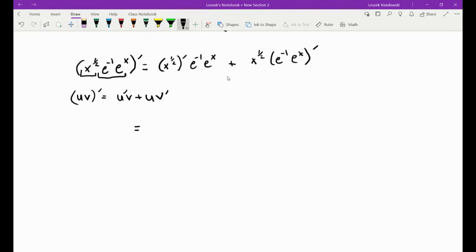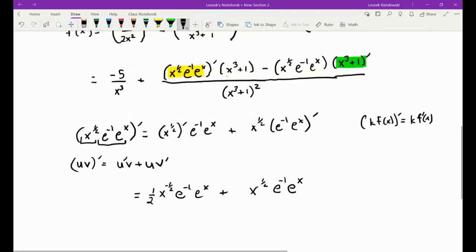So the derivative of x to the half, using power rule, bring down the power, subtract 1 from the old power to get the new exponent, and then the derivative of this constant times some function of x. We know that we leave the constant alone and multiply by the derivative of our function. Okay, so we leave the constant alone, and the derivative of e to the x is e to the x.